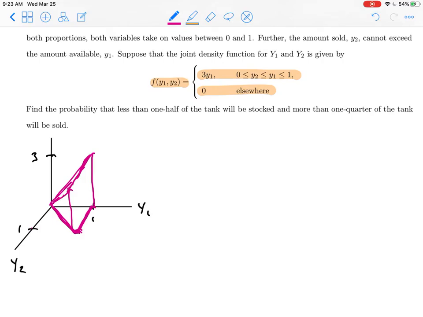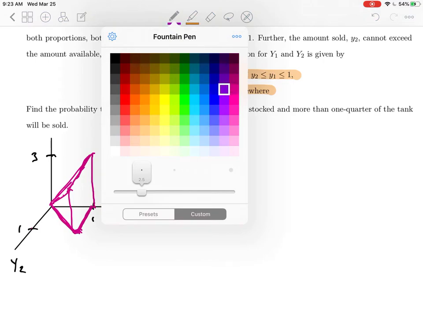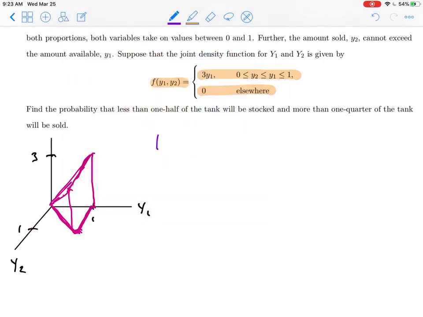So that is our surface, and we want to find the probability that our value for y1 is less than 1/2. So we have 0 less than or equal to y1 less than or equal to 0.5, and that we have more than 1/4 of our tank sold.